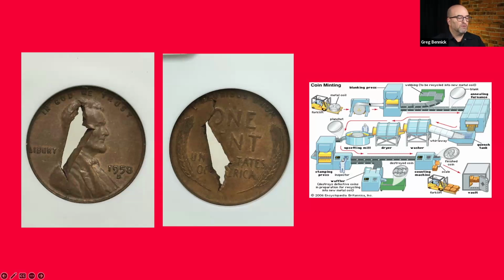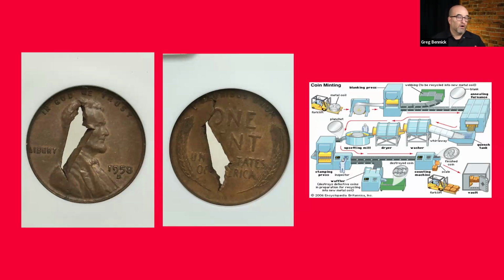And when that metal coil was fed through the blanking press and those cookie cutters came down and cut out one of those blanks from that metal coil, it's a chance in a million, but this is exactly what happened here. Those cookie cutters cut a blank out of an area of that metal coil that had one of those imperfections in it. In fact, an imperfection that made its way all the way through the blank.